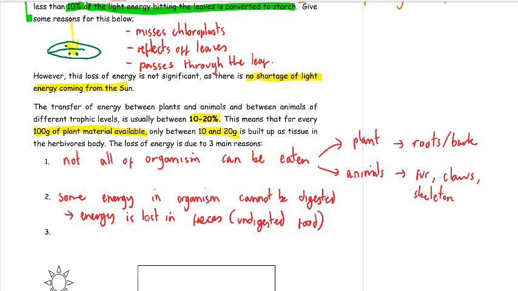And then finally, a lot of energy is lost in heat from respiration. Because remember, in the previous topic, we said that respiration was exothermic, so it releases a lot of heat, so energy is lost in this way.